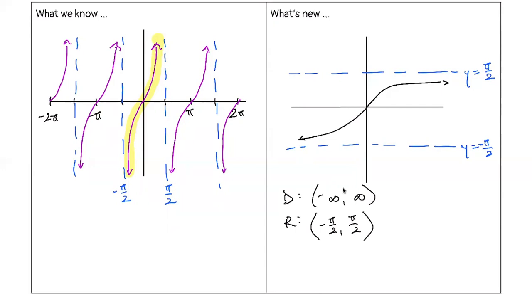And if we want to visualize this on our unit circle, we can draw a quick unit circle. And remember that we're only going to choose from the right half of the unit circle, from negative pi over 2 to pi over 2.